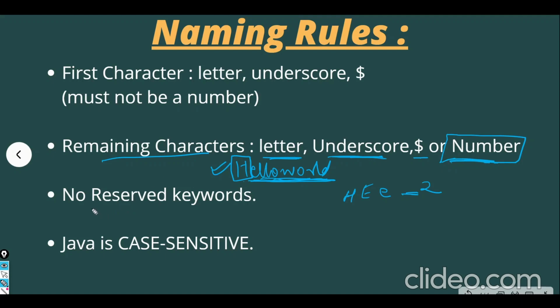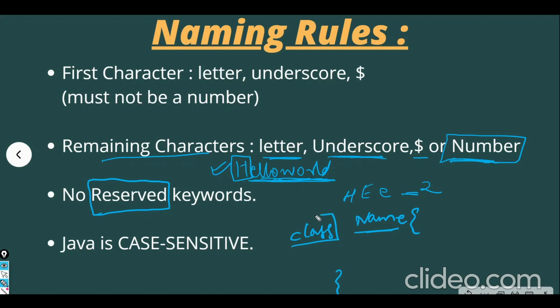Class names, variable names, and method names must not be a reserved keyword. So what are reserved keywords? Whenever we create a class, we give a reserved keyword called class, then we give the name of our class, and then we start the class body.